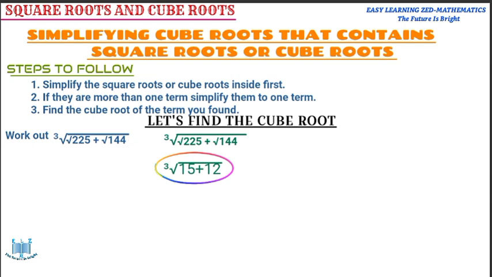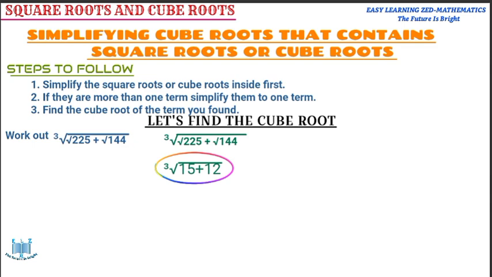The only thing which has happened is I've come up with 2 terms. Because I've come up with more than one term, I'm going to follow the second instruction, which is, if there is more than one term, simplify them to 1. So I'm going to simplify those terms.